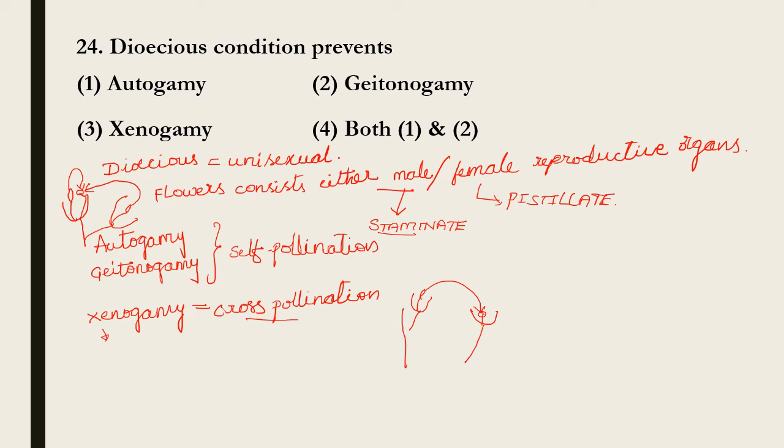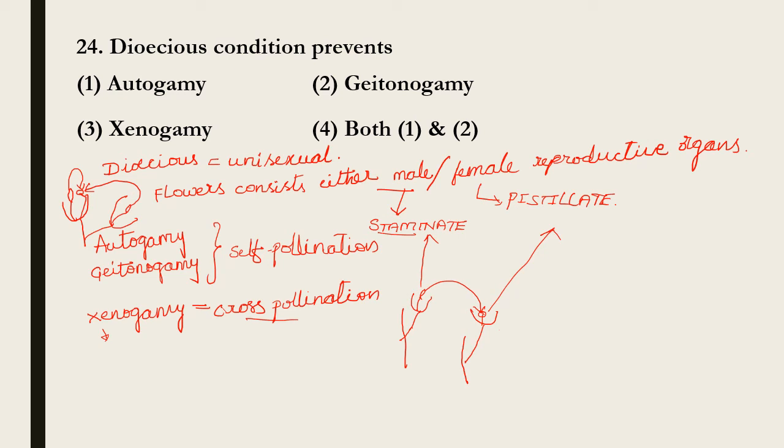Both plants belong to the same species but are two different plants. Then it is called cross pollination. Now, dioecious means unisexuality. Here only stamens are present, so it is a staminate flower, and here only the stigma is present, so it is a pistillate flower. The pollination occurs between two flowers of different plants, so it is called cross pollination.